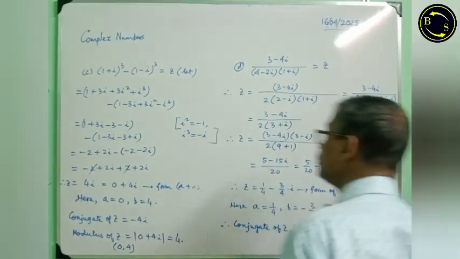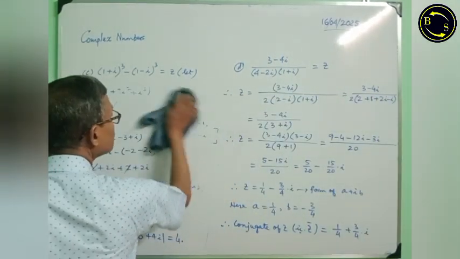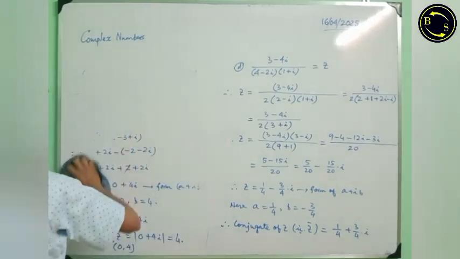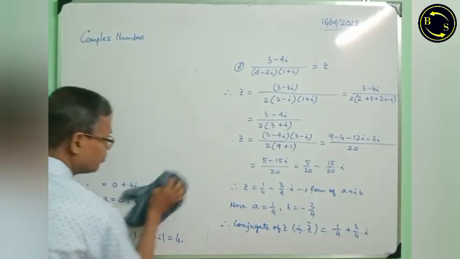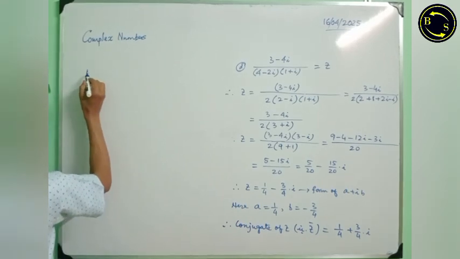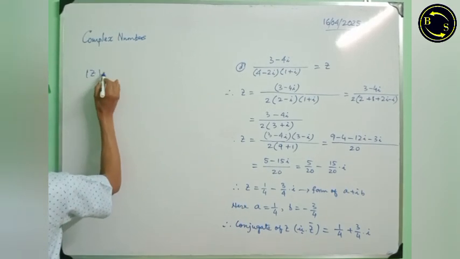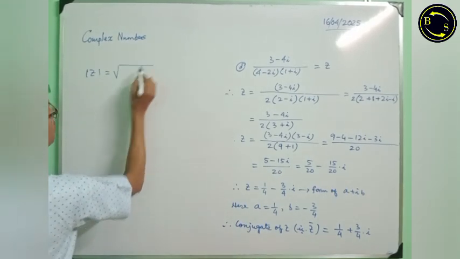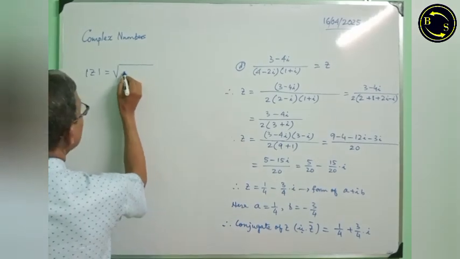Now we find the modulus of this complex number. Modulus will be mod z equal to root over a square plus b square.